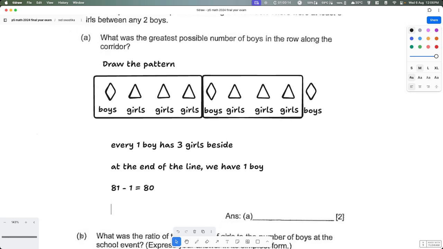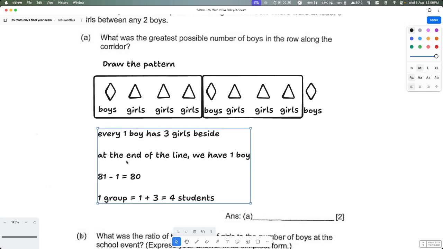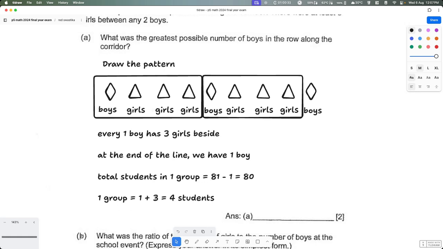Then if one group is equal to 1 plus 3, which is 4 students, total students in one group is 4. So 80 students divided by 4 is equal to 20 students.